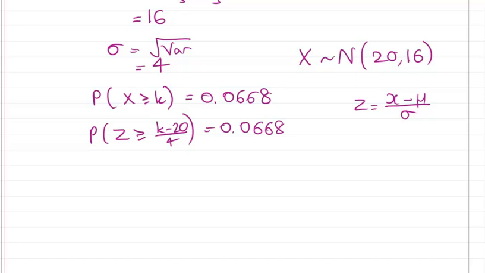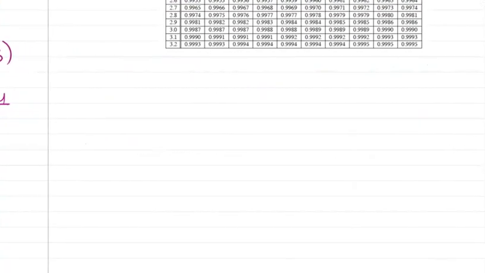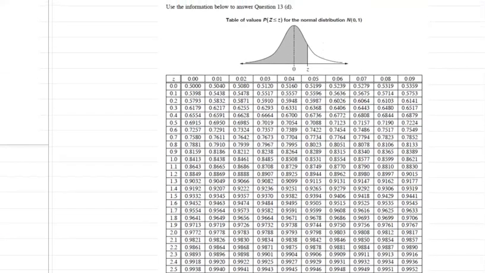0.0668. Now, when I glance at the table of values that they pointed me to on page 13, let's just have a little look at them. I noticed that it's actually given to me as the probability that a random variable will be less than or equal to some z score, not more than or equal to some z score.